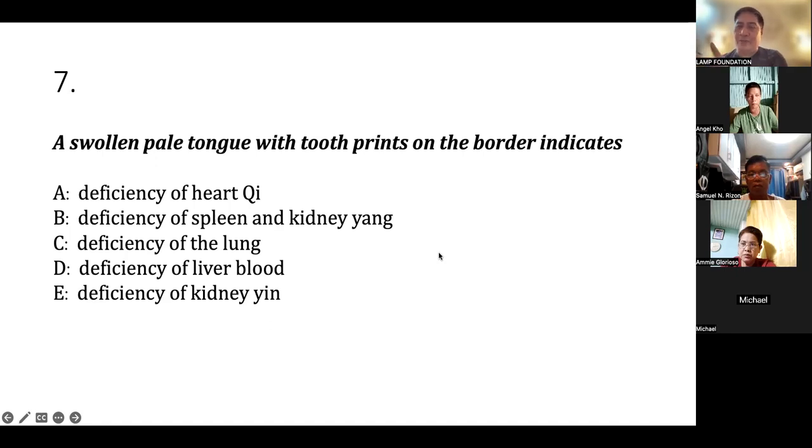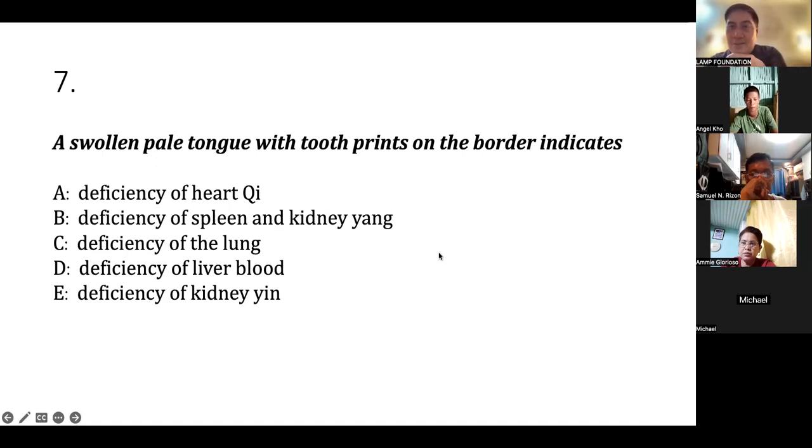The kidney and the liver have a give and take relationship. The kidney essence is responsible for the kidney yin. So the kidney yin needs to be intact. Think of water.